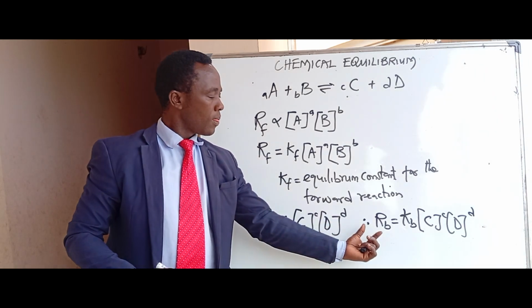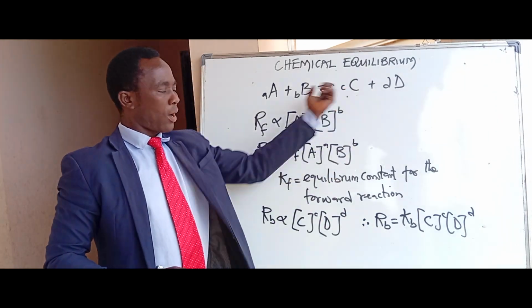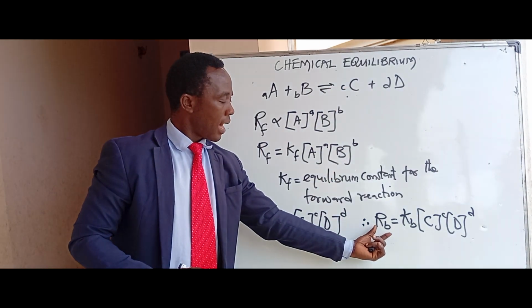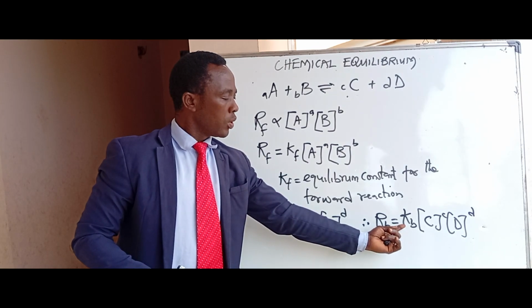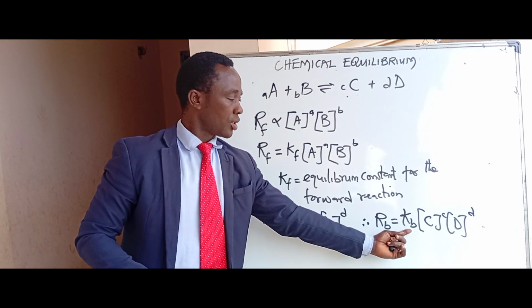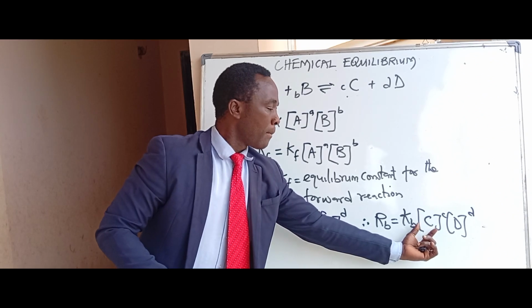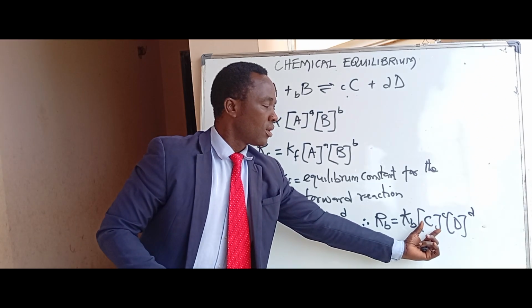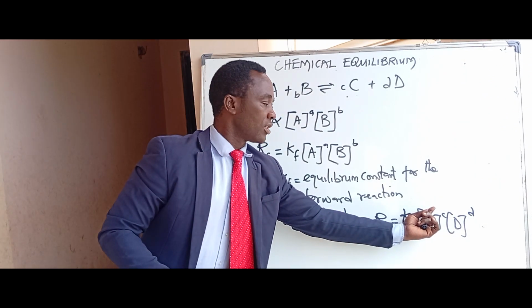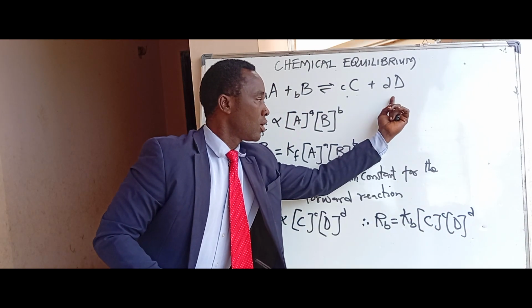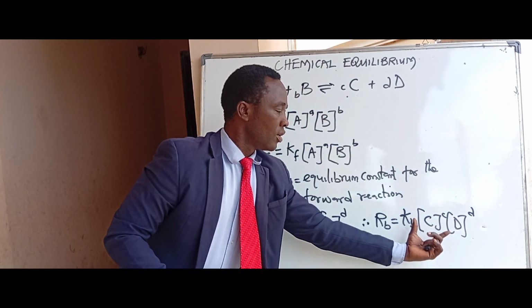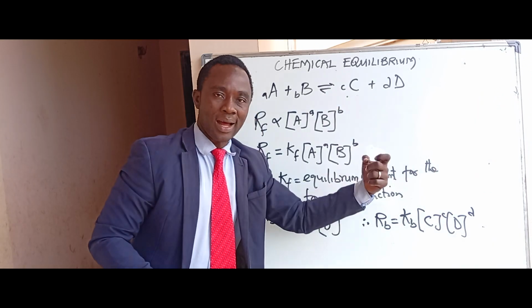So that means the law of mass action for the backward reaction: the rate of backward is equal to the equilibrium constant for the backward reaction multiplied by the concentration of C raised to the power of the coefficient c, and the concentration of D raised to the power of the coefficient d, because C and D are now the reactants.